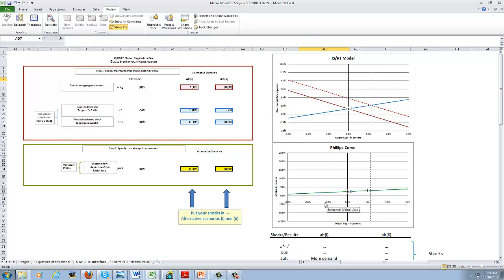Okay, so now let's put a little wrinkle in here. We're going to put 1.5% again, so we're going to keep with the assumption that aggregate demand has increased by 1.5%, but in addition, we're going to assume that the central bank accommodates that increase in aggregate demand. What's going to happen here is that the central bank will loosen its interest rate, and I've chosen a number, and you'll see why I've chosen it in just a second.